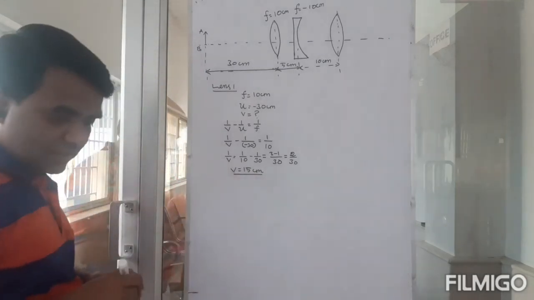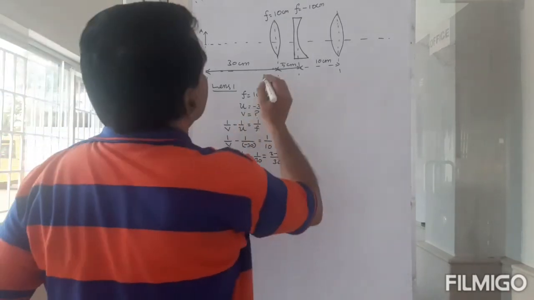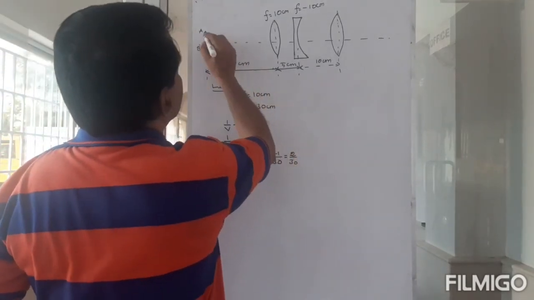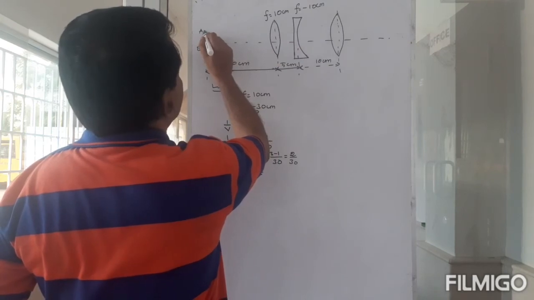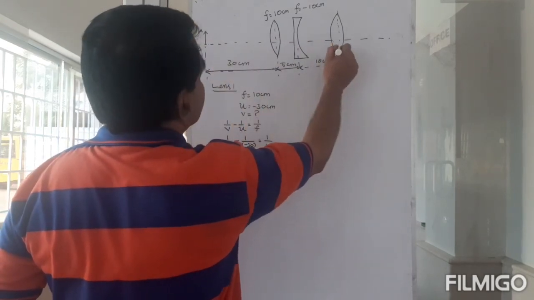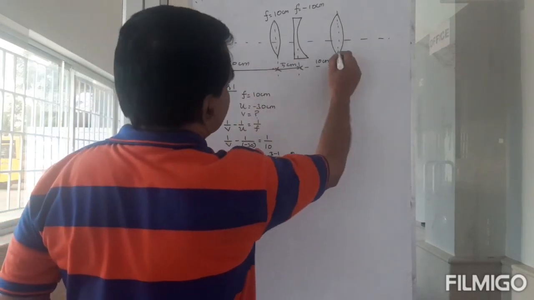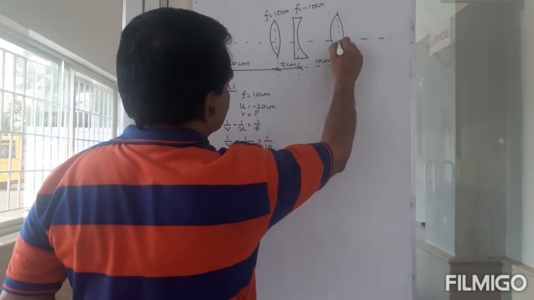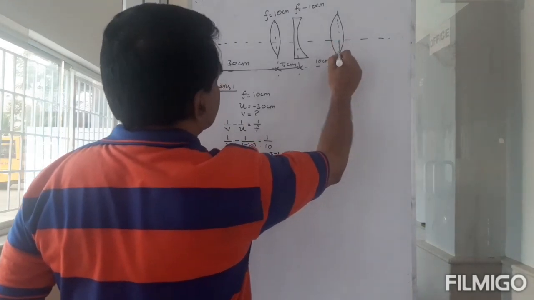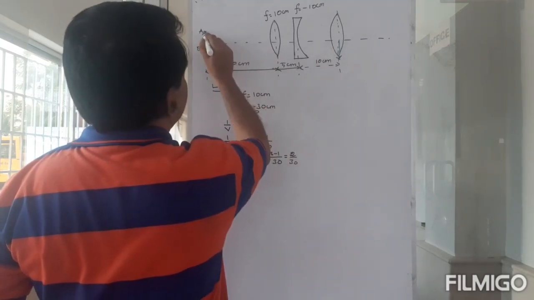So this will form an image 15 centimeters from the lens. So 5 plus 10, maybe somewhere here it's going to form an image.